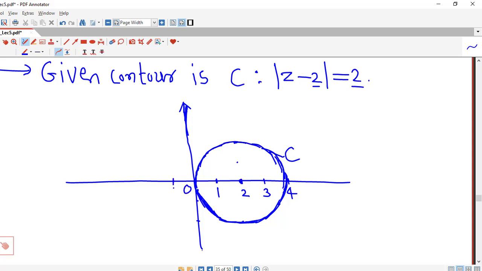This is 0. Here we will have minus 1, minus 2 and minus 3. This is x-axis, this is y-axis.